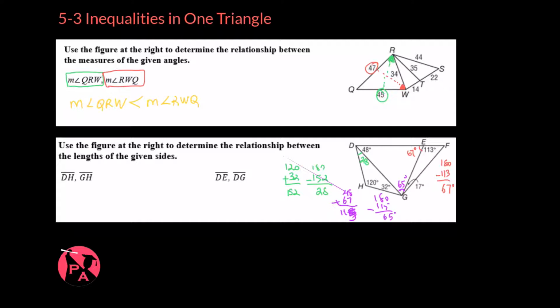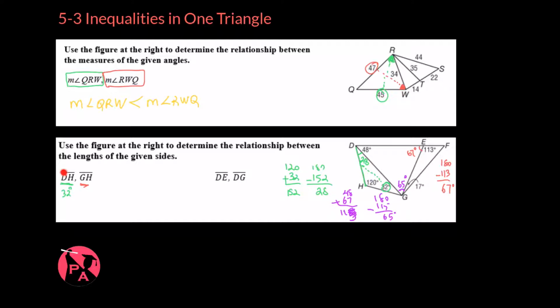So now let's compare these ones, DH and GH. Side DH is right here, and across from this side, the angle that I have is 32 degrees. So I'm just going to put 32 degrees here just to be able to compare them.